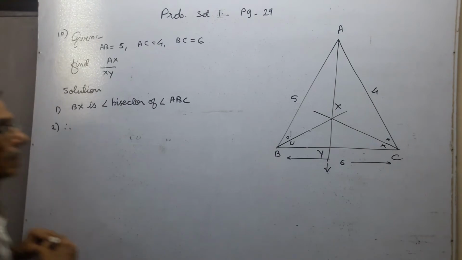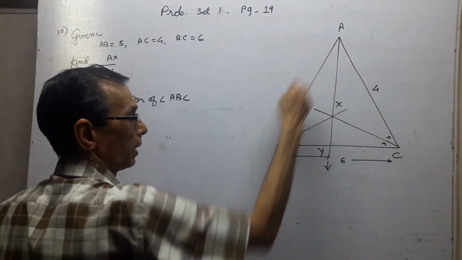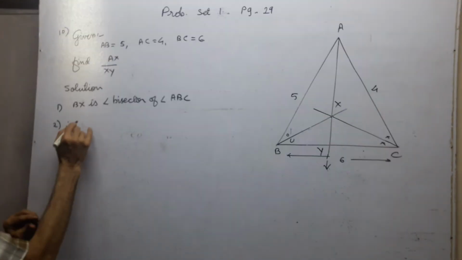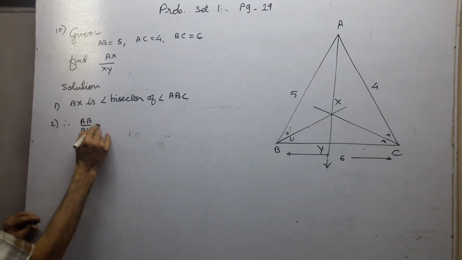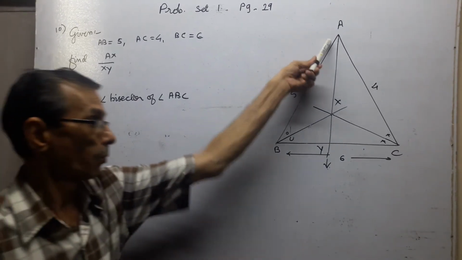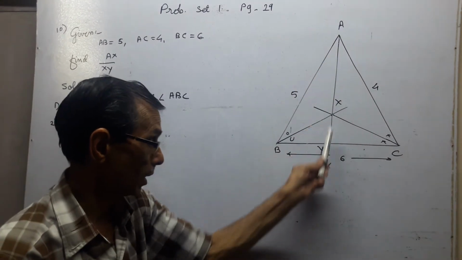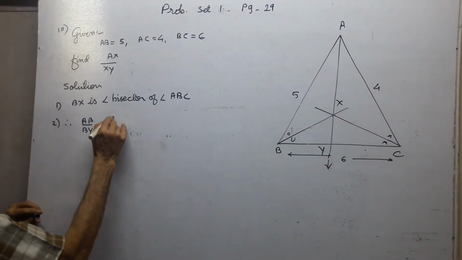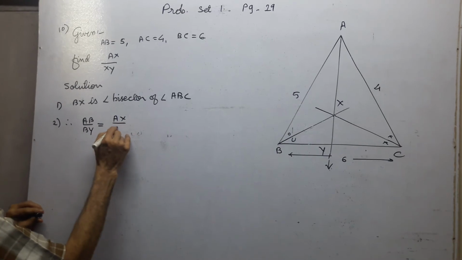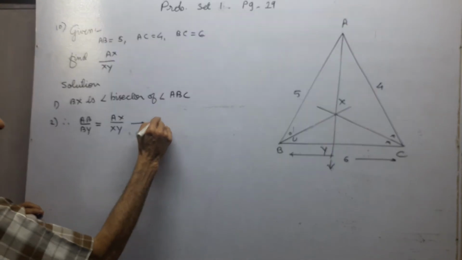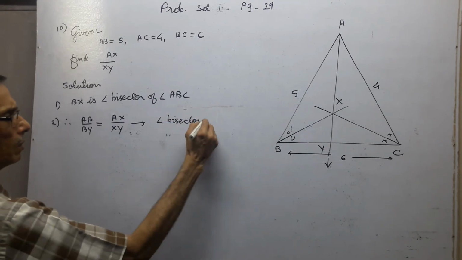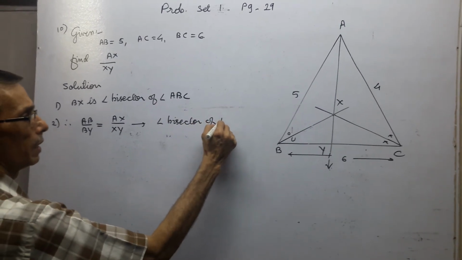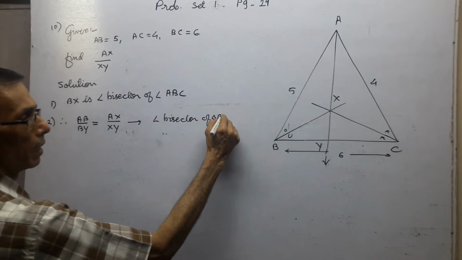So we can write, by the angle bisector theorem, AB upon BY is equal to AX upon XY. This is the result of the angle bisector theorem in triangle ABY.